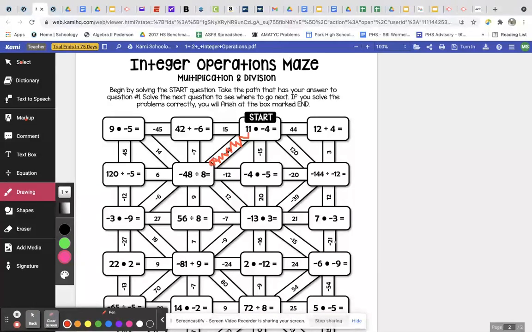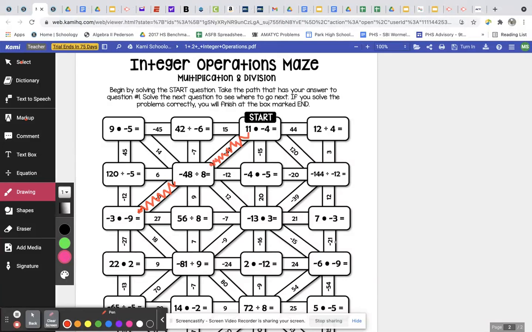Then you go to the next one, negative 48 divided by 8. Is it negative 7? I don't think so. Negative 12? No. Is it 12? No. Is it 9? No. Is it 6? No. It is negative 6.